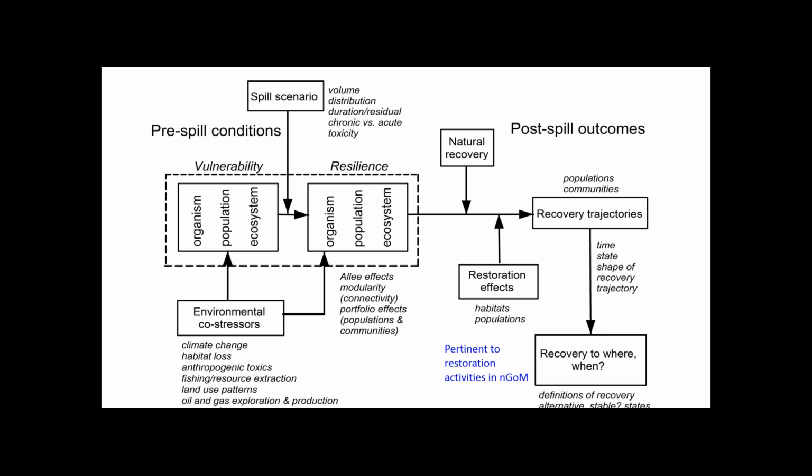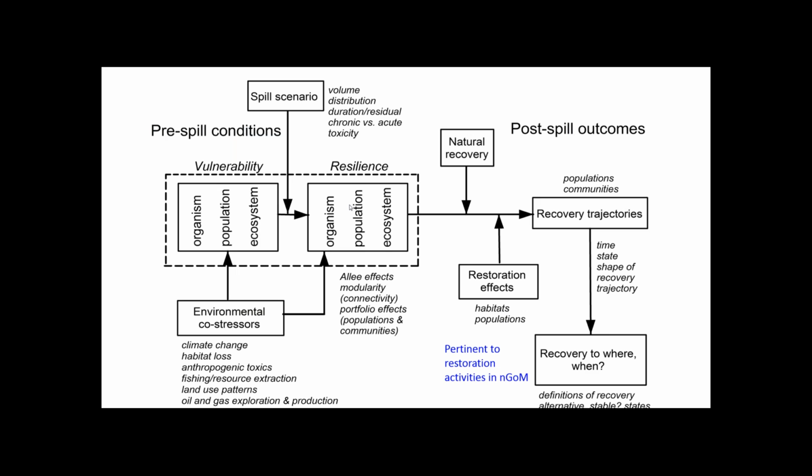And again, there's a long list of them. The oil spill scenario occurs, and then you've got this notion of the resilience of these populations with the added effect of the spill volume, the distribution, the duration, and whether or not this is an acute event or it transitions to a chronic event.